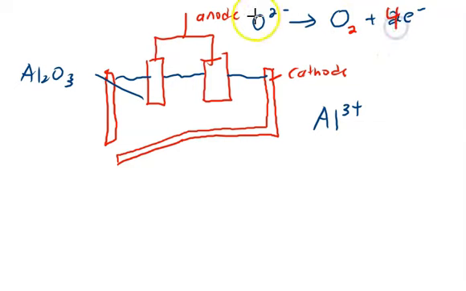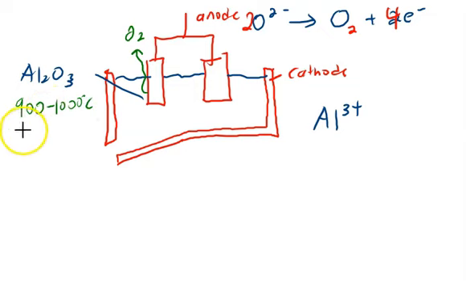So remember it is at a very high temperature, about 900 to 1000 degrees Celsius, with cryolite. There is a very high chance for them to react.